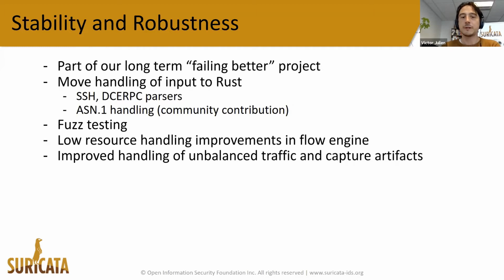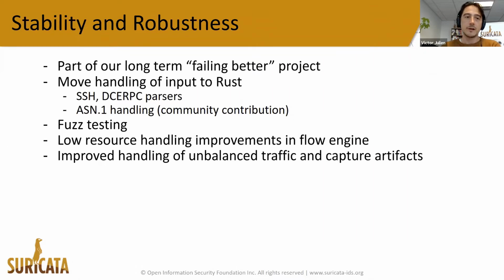In general, we are working hard to improve the handling of unbalanced traffic and capture artifacts, for example, seeing only one side of a connection, or seeing gaps, or hitting other kinds of limitations.